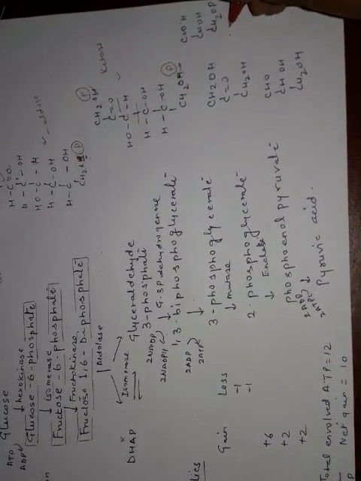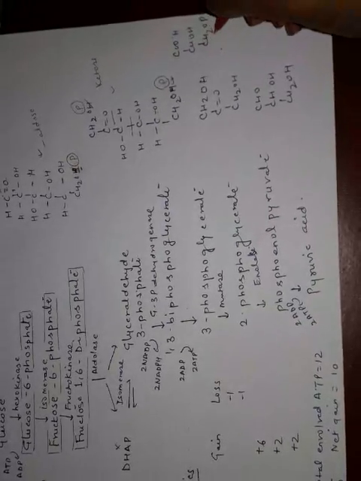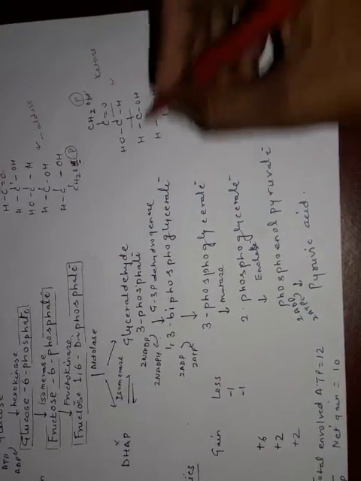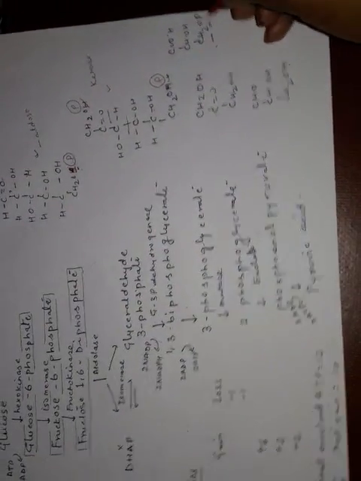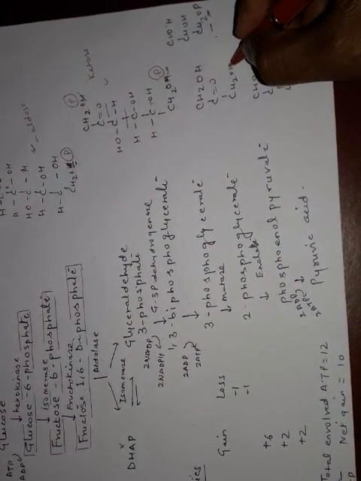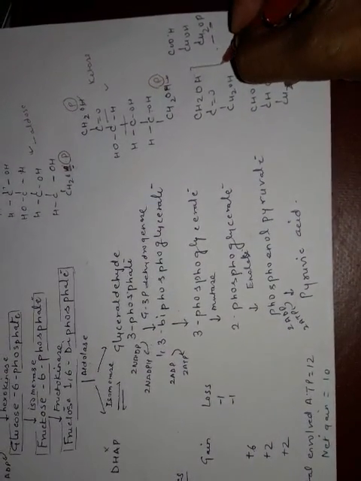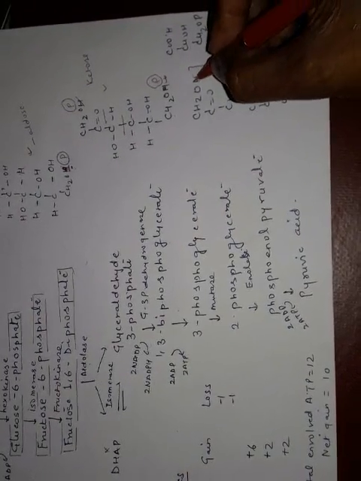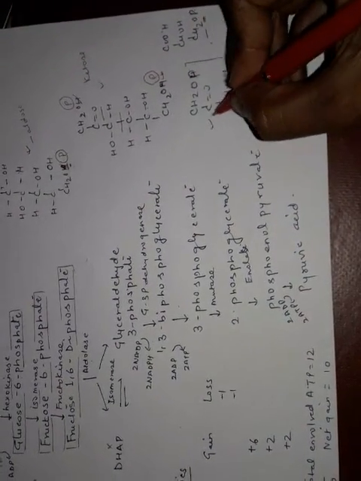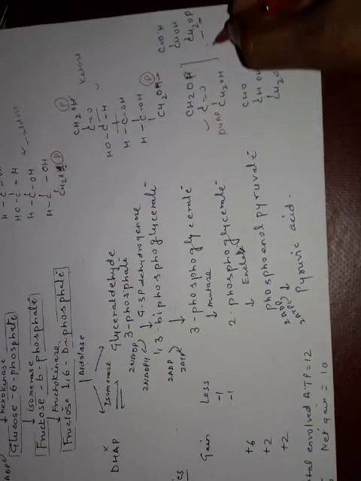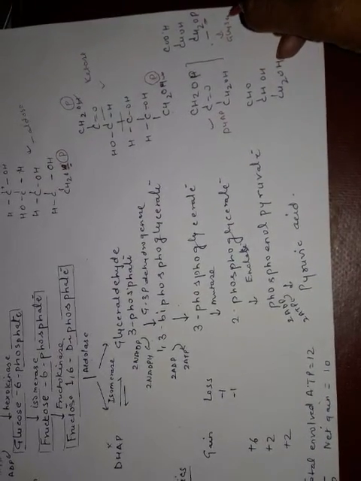Glyceraldehyde is a 3-carbon sugar, so this is the simple structure of glyceraldehyde 3-phosphate. And this is dihydroxyacetone phosphate, where one phosphate is here; this is the structure of DHAP.